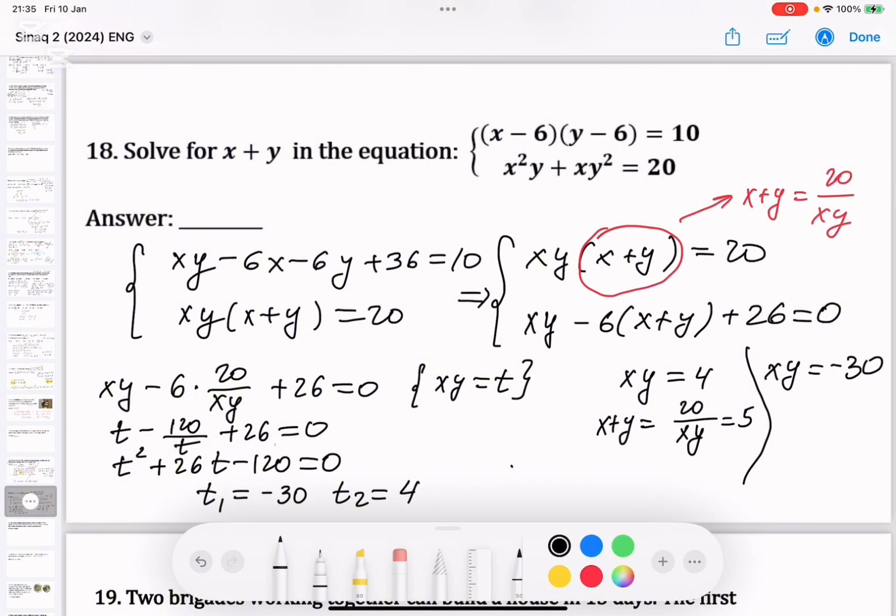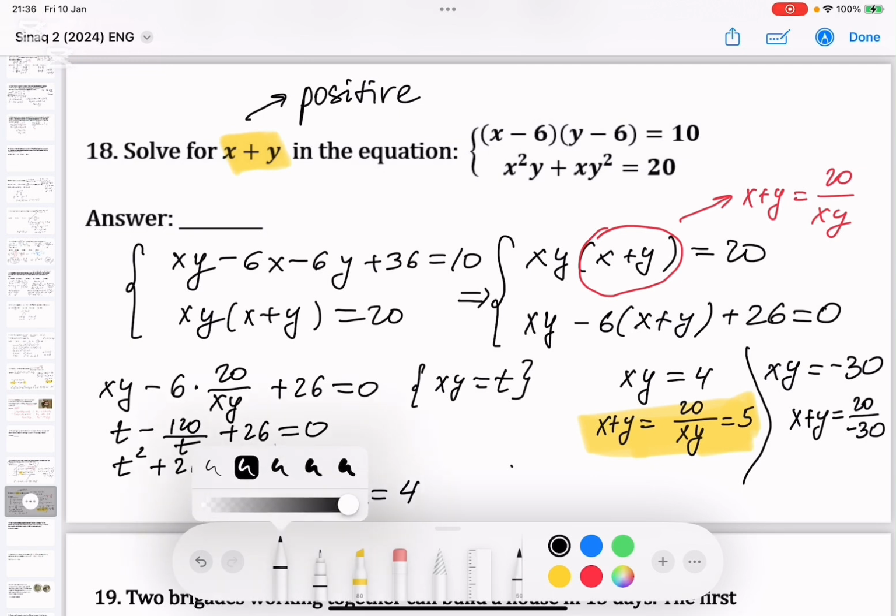And then we have x plus y equals 20 divided by negative 30. The answer in this problem would be 5, just because they ask us to find, well, it hasn't been written here initially, the positive value of the sum x plus y. So let's indicate it: positive value of the sum. So that's why the final answer is 5.